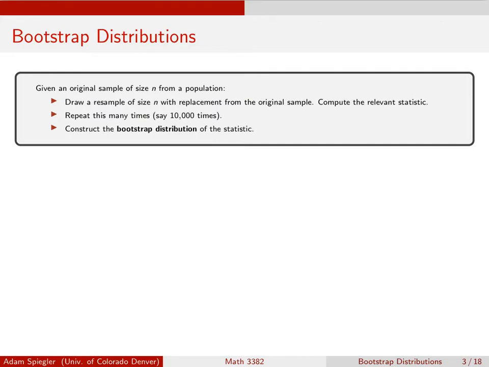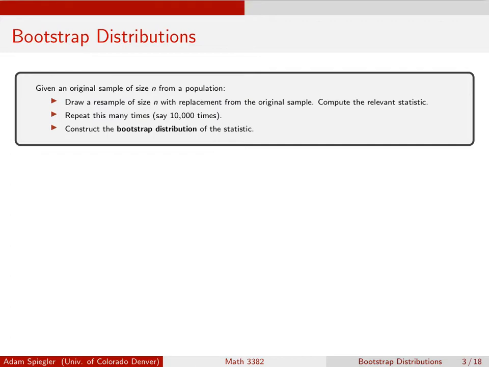Then we take that bootstrap sample and calculate some statistic, for example, a mean of that bootstrap sample, or maybe a proportion or a variance. Then we go back and generate a new bootstrap sample, calculate the statistic for it, and keep going on and on. Then we can look at the distribution of all of our bootstrap statistics.